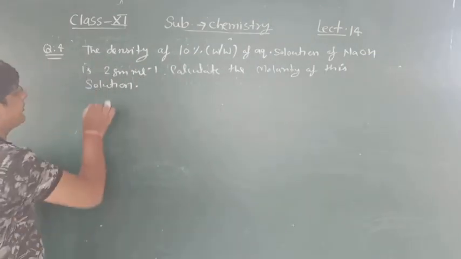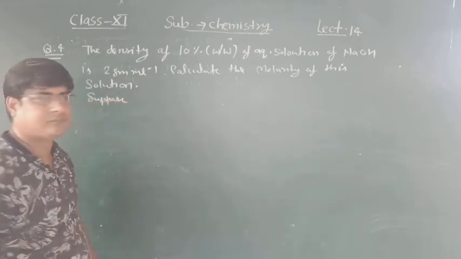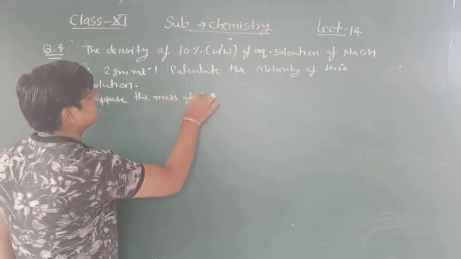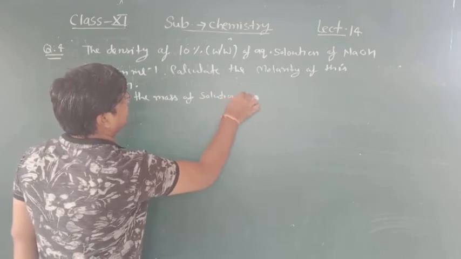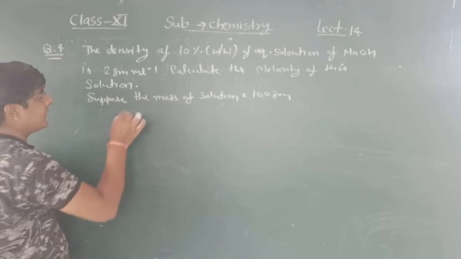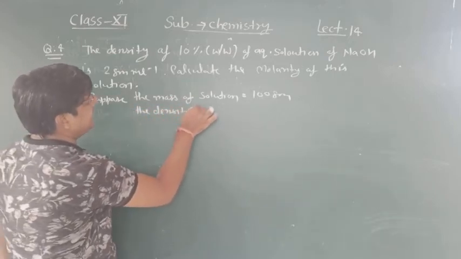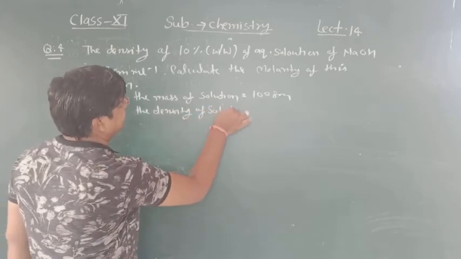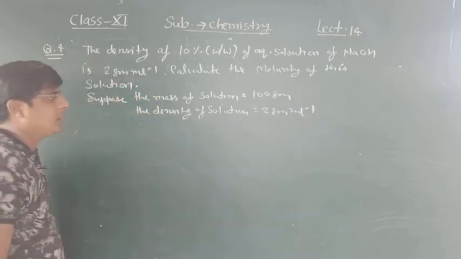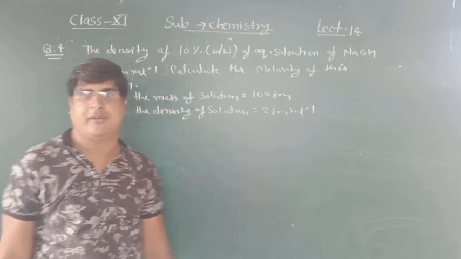So suppose the mass of solution is 100 gram. The density of solution is 2 gram per ml.